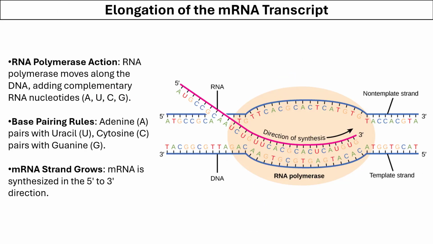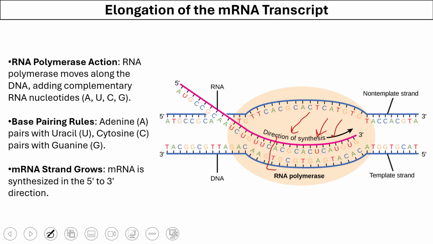Next step is the elongation of the mRNA transcript. Elongation requires RNA polymerase. The RNA polymerase moves along the DNA and keeps bringing complementary nucleotides, and the synthesis of mRNA occurs. So what does complementary mean?